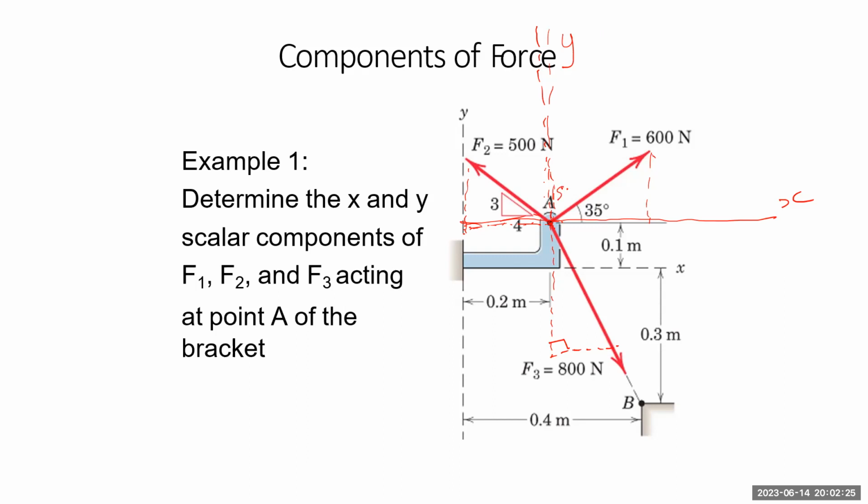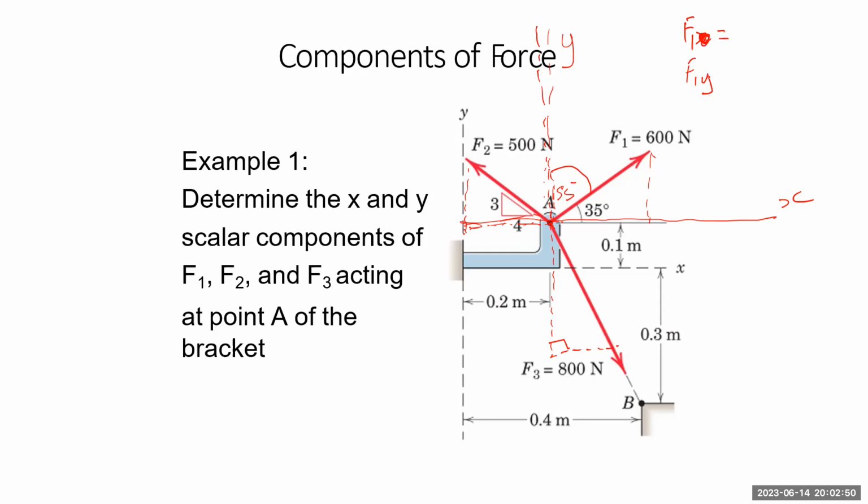You mean this will be 55? Yes, sir. Why do we have to bother with that? I want the components of the F1 force. I want the component in the X and the component in the Y. So I want F1X and F1Y. Can you tell me the components of them, please?